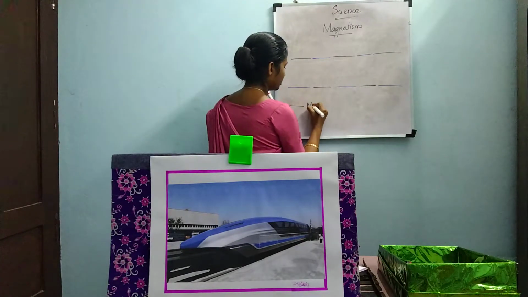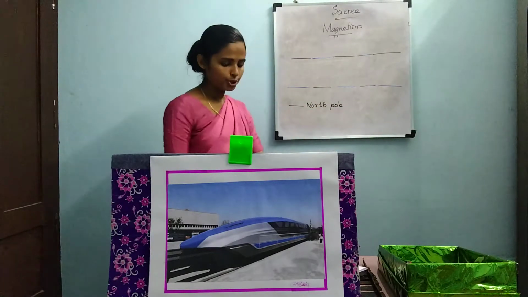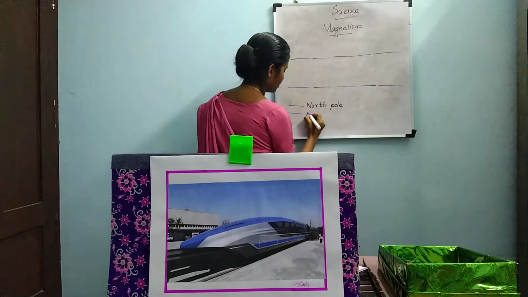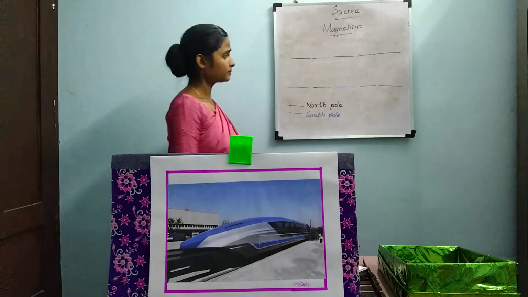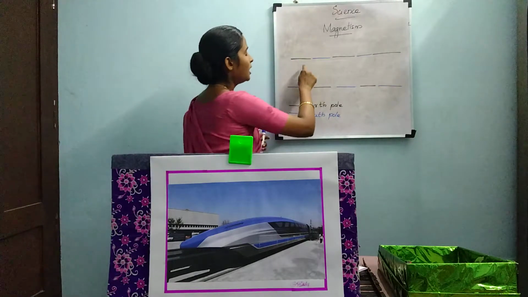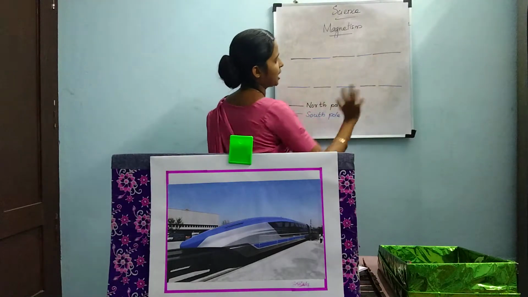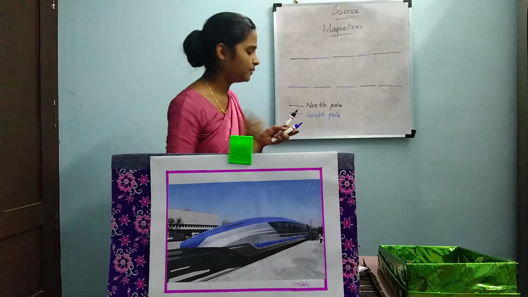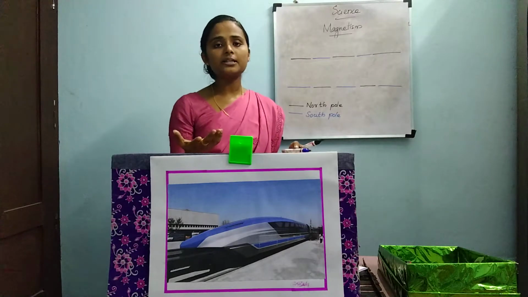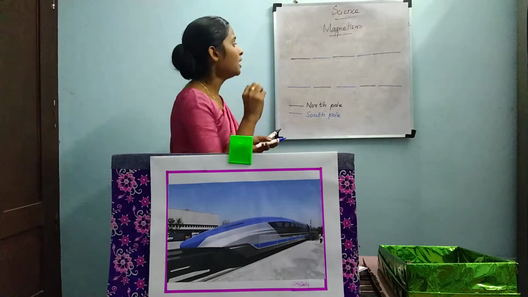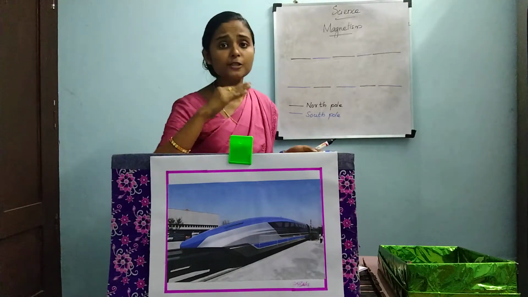Black shows North Pole, and blue shows South Pole. This is a railway track. The line shows the railway track. If there is a railway track, there must be a train on it, right? So this maglev train or electromagnetic train is floating.